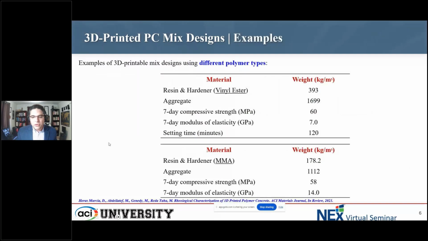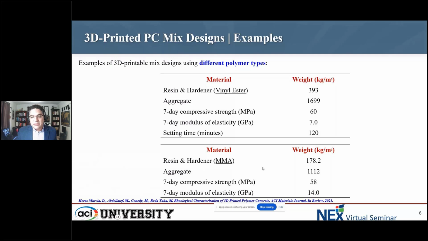Example mixes we're showing here are from work we published before, including a mix where we used vinyl ester with a compressive strength of 60 megapascal, that is close to 9,000 psi, in 7 days, and a setting time of about 2 hours.